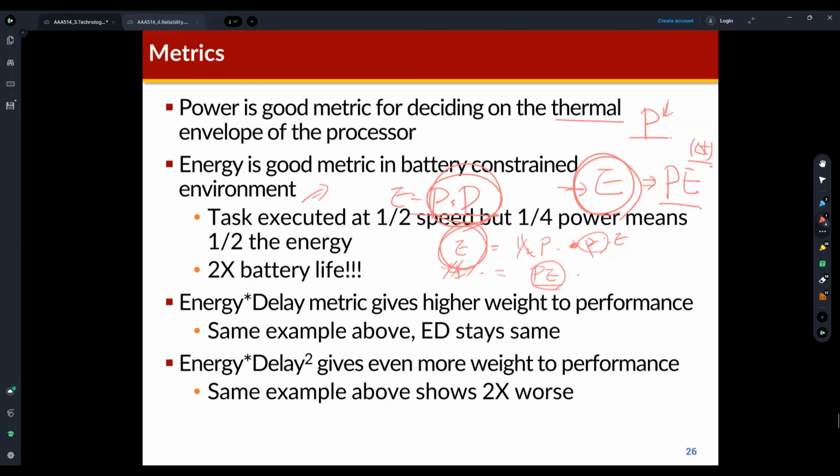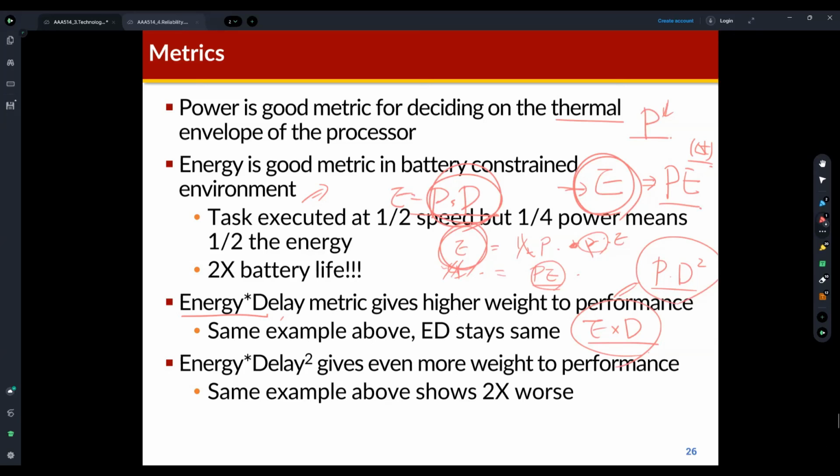Then sometimes we can use a different method like energy multiplied by delay, which means it's actually P multiplied by D squared. So what does that mean?